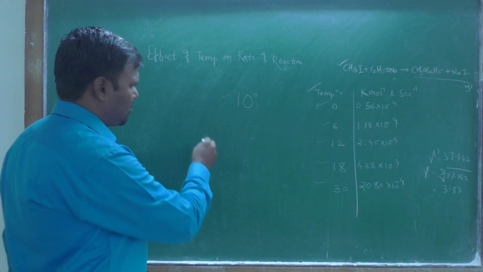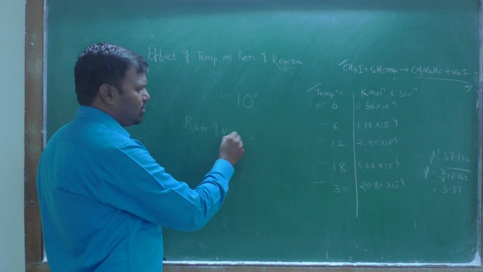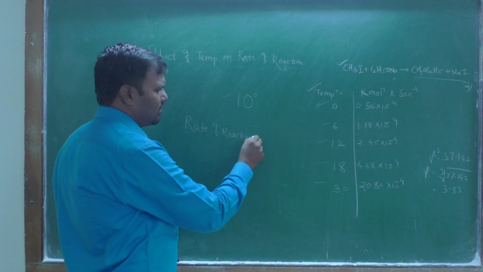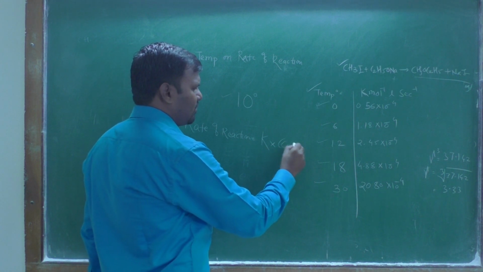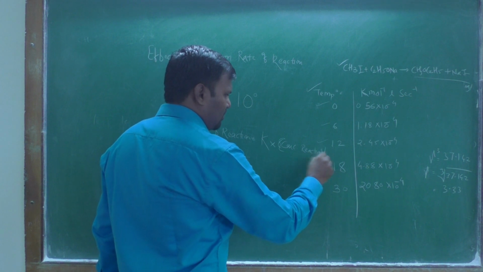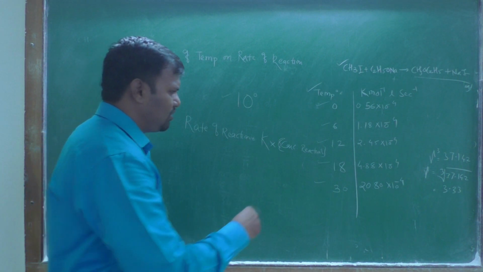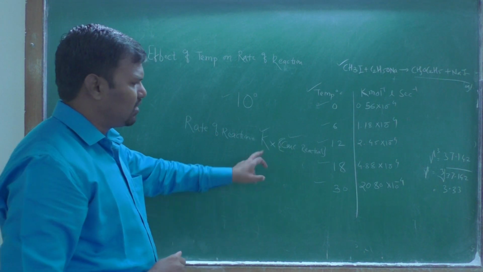We have the formula: rate of reaction is equal to k into concentration of reactant. Therefore, the rate depends upon the concentration of reactant and also upon the rate constant.